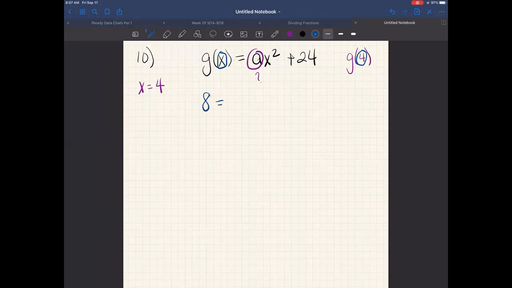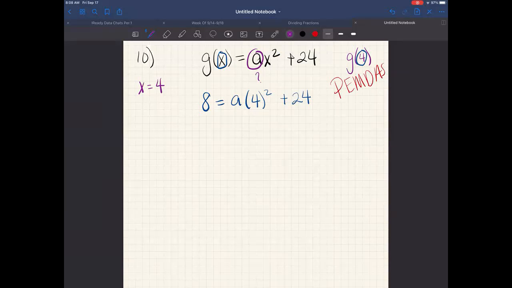So I can write 8 equals a times 4 squared plus 24. So far, so good? So now I just have to solve, right? My first thing, remember my PEMDAS.